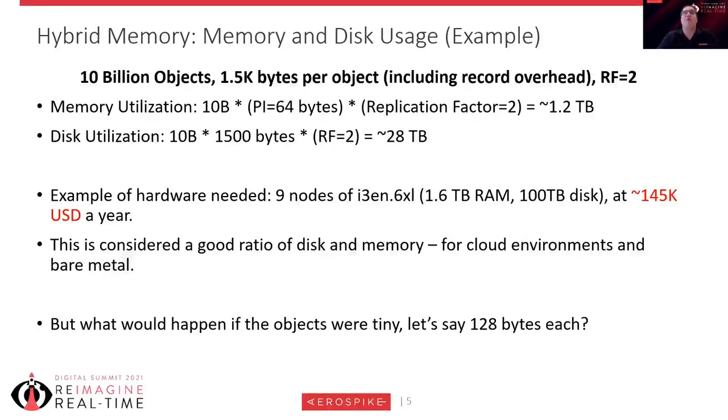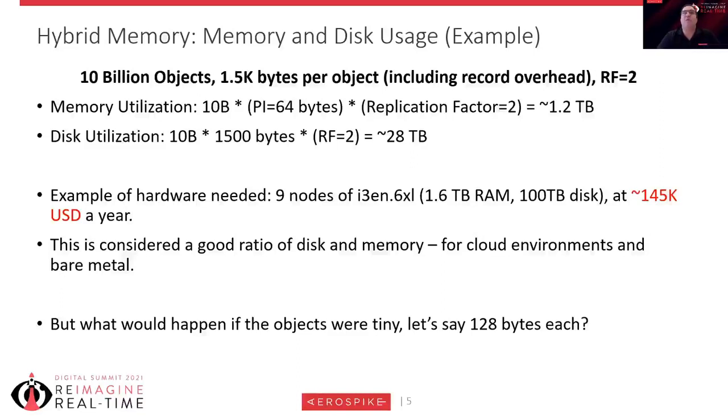That means that if we have 10 billion objects, each of them is 1.5 kilobytes, and a replication factor of 2, then the memory utilization that we'd have would be 10 billion objects times 64 bytes times the replication factor of 2, or 1.2 terabytes of DRAM. In disk utilization, that would mean that we'd need 10 billion objects times 1,500 bytes times the replication factor 2, or 28 terabytes of data on the device, not including space that we need for defragmentation and other processes.